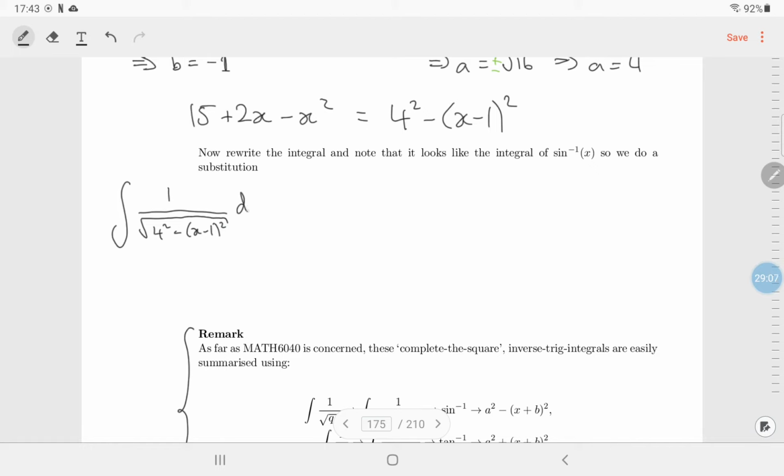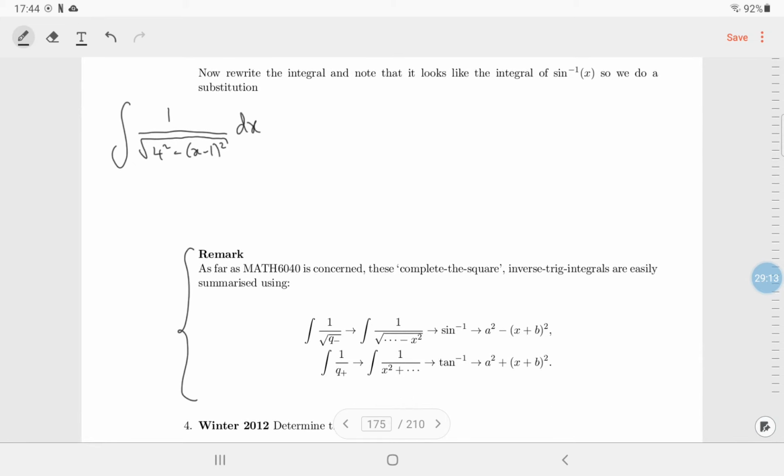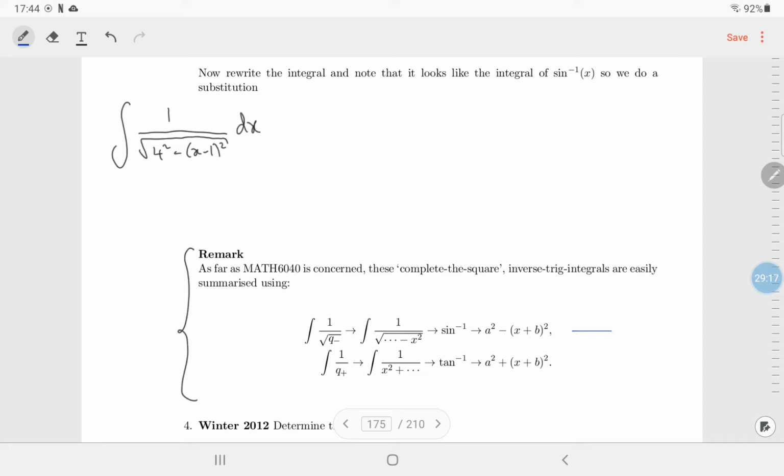Now you can use the formula right away. We'll write the formula down the bottom here. So this one says that the antiderivative of 1 over the square root of a squared minus x squared dx is equal to inverse sine of x over a. If you use that straight away, but instead of x you get x minus 1, you'll be okay.